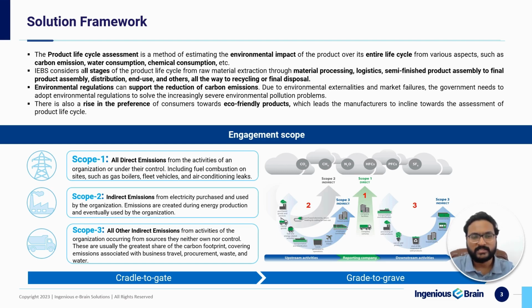Like for B2B businesses, we look for the cradle to gate approach, in which we cover the stages starting from the material sourcing until the product reaches the final facilities of consumption. And for B2C businesses, we look into the cradle to grave approach, in which we additionally look for the end use as well as the recollection and recycling stages for understanding the overall carbon footprint.